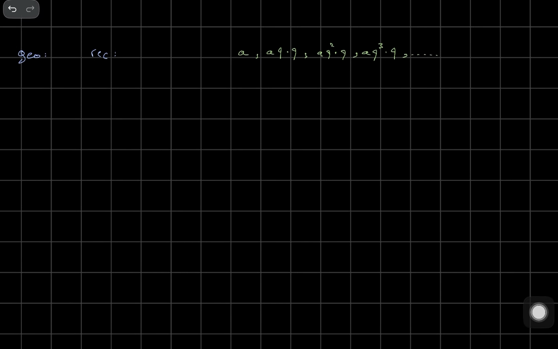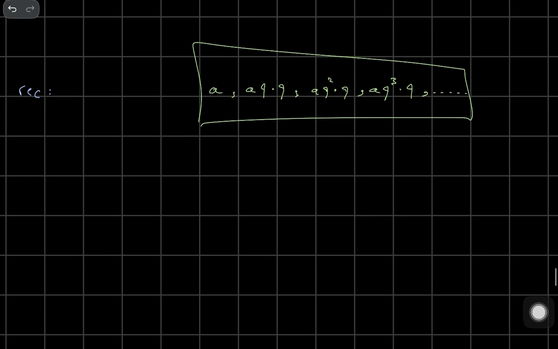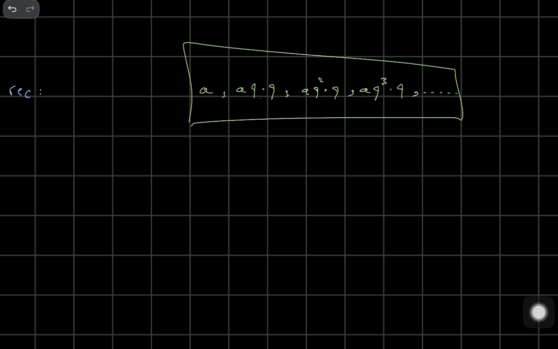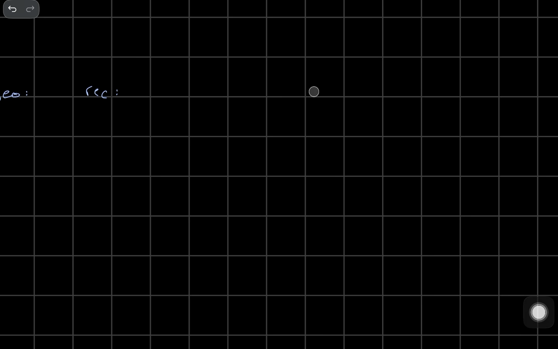Okay, and so for the geometric one, we first know that this is the shape of the sequence: a, times q, okay, times a times q times q. So it's basically the term that's before it times the common ratio q, and so on. It's kind of the same idea.